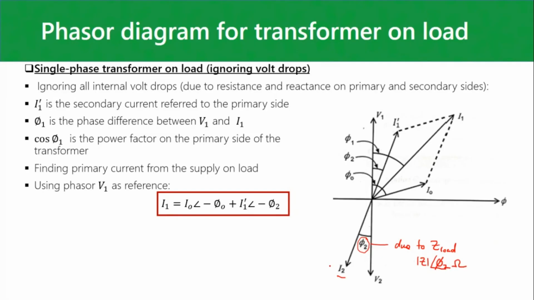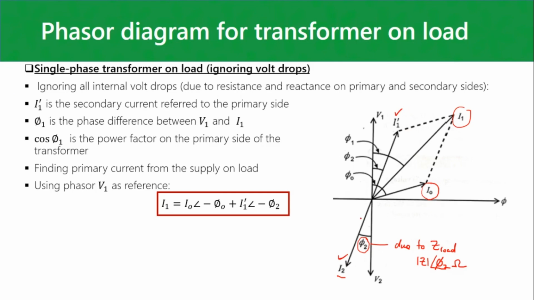So if we're given this I2 and this angle, you're able to work out the primary current. Here's the no load current, and the current in the primary as a result of the increasing current in the secondary. So as I2 gets bigger, this I1 prime gets bigger.